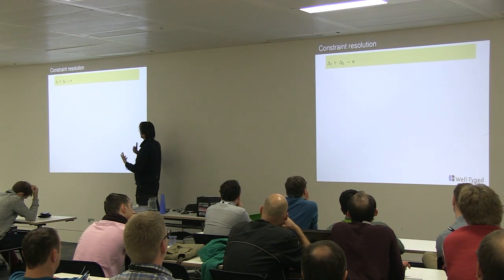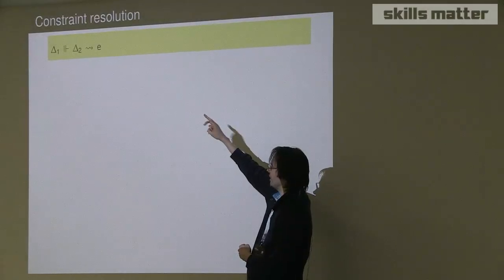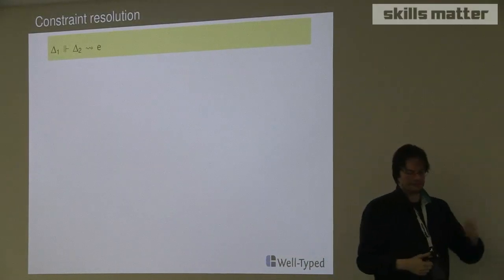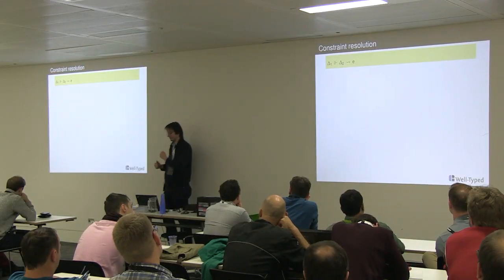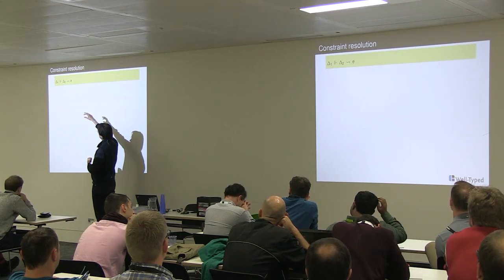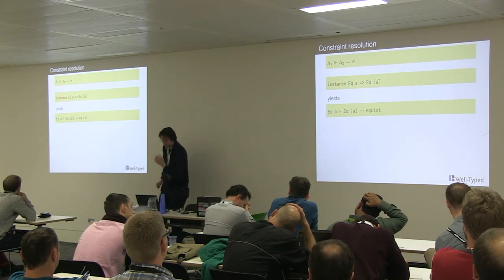It is a kind of implication, and as a byproduct you get an expression, a term, that is the evidence for this translation. So that is essentially a dictionary transformer from the dictionary on the left-hand side to the dictionaries on the right-hand side.